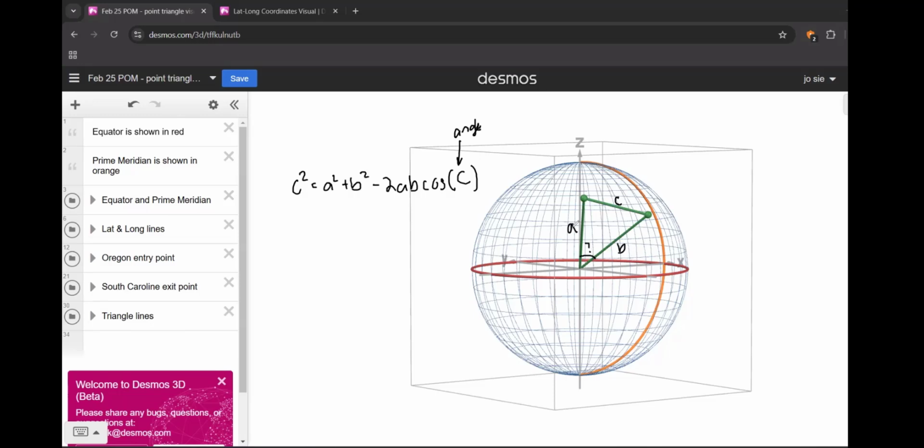In order to do that, I need to know these distances. And the good news is there are some things that are pretty straightforward. Here, the distance from the center of the Earth to this point is going to be the radius of the Earth, and so is this.